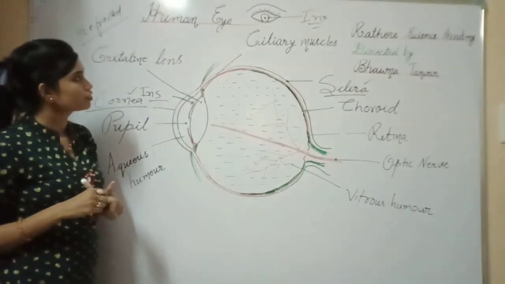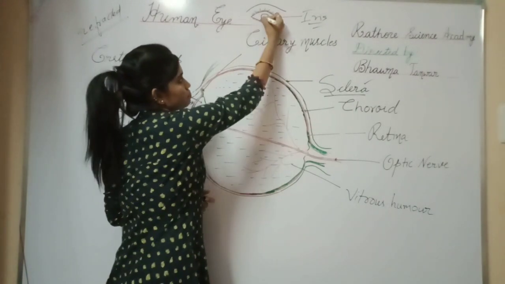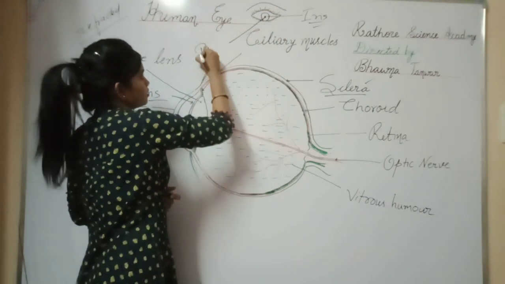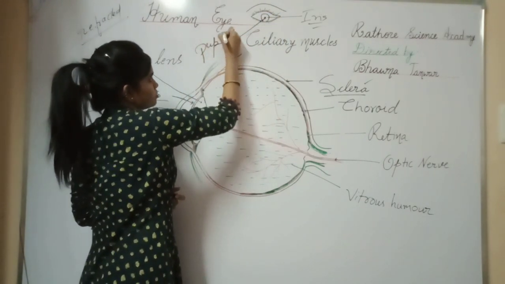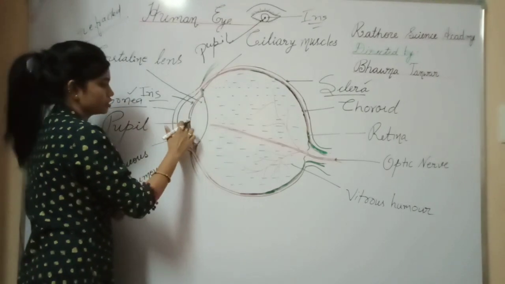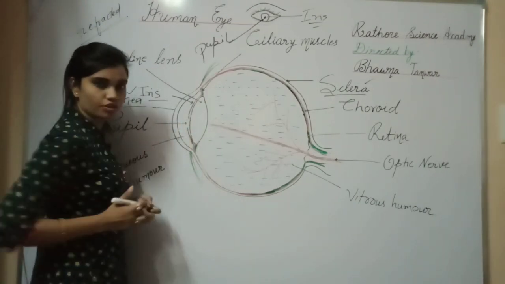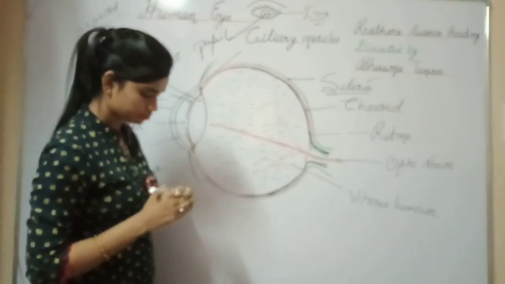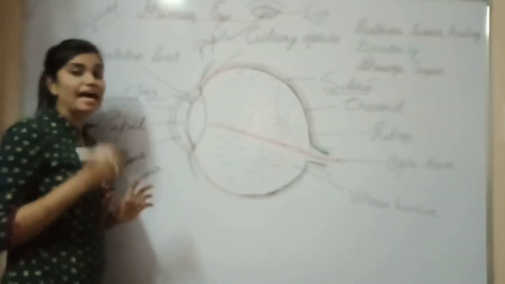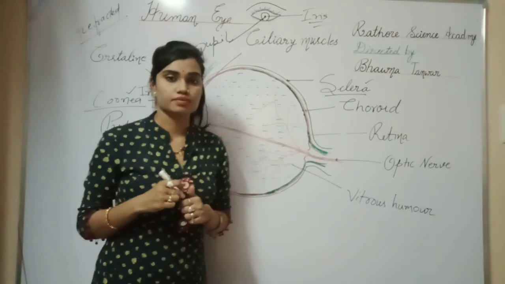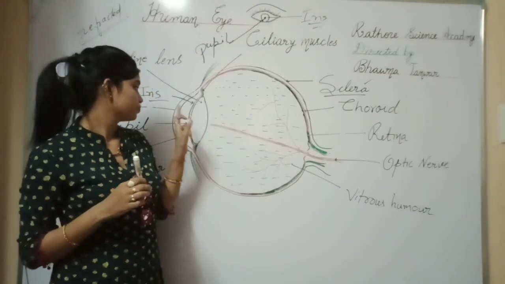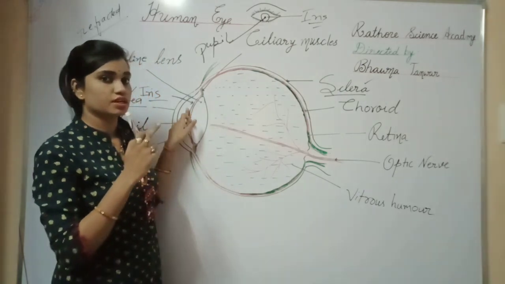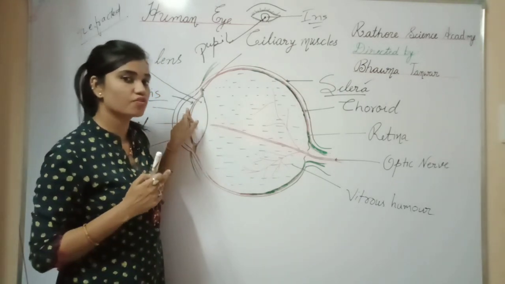So, if you are able to see this part, this hole is known as the pupil. In this eye, this dark part, this hole, is known as what? Pupil. And this pupil can change its size. As I said, the iris helps in changing or regulating the size of the pupil.